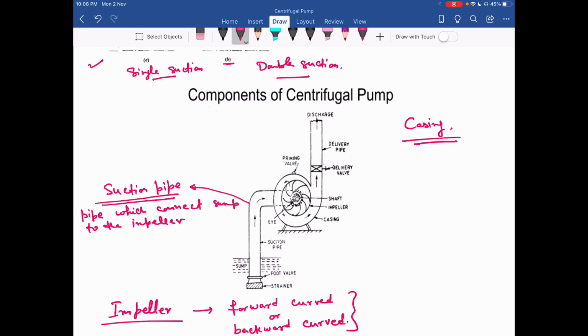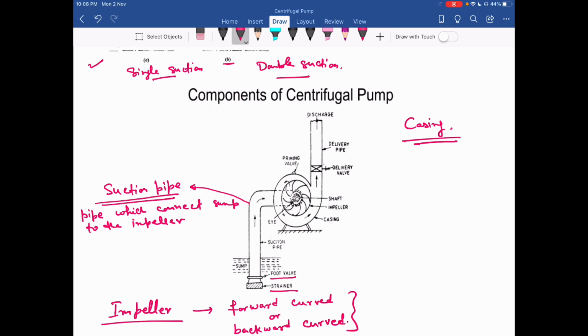At the lower end of this suction pipe, we have two components: one is the foot valve, another one is the strainer. Now the strainer is one type of filter which separates the debris in the water. It also prevents the debris from moving into the impeller, to avoid damage.